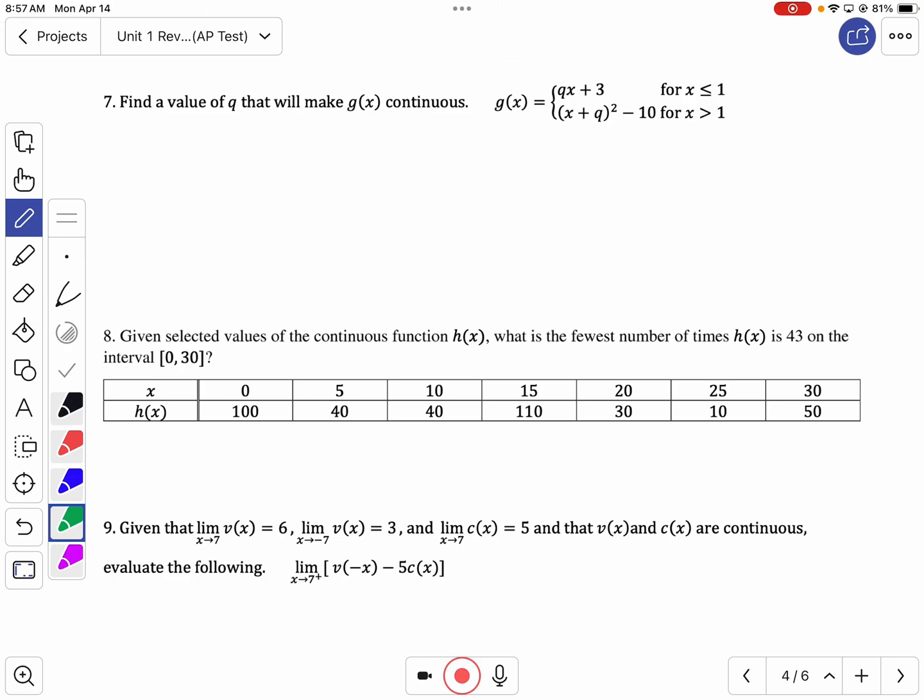We want to make something continuous. We want to find the value of Q that will make it continuous. So let's think about what we would need to prove is true. Because it's piecewise, what for sure has to be true about each piece?